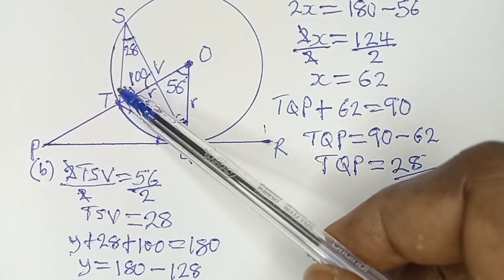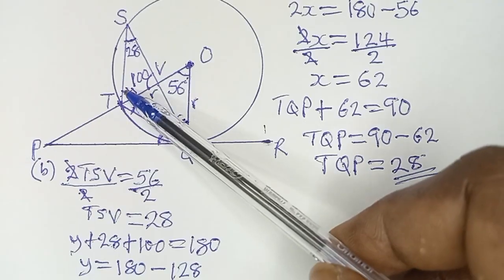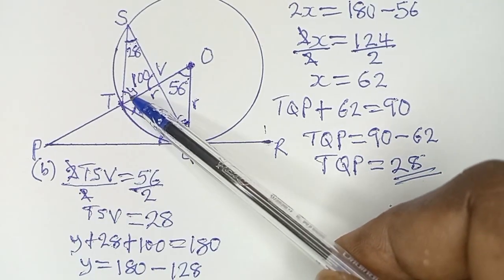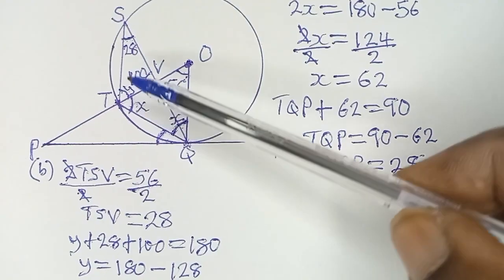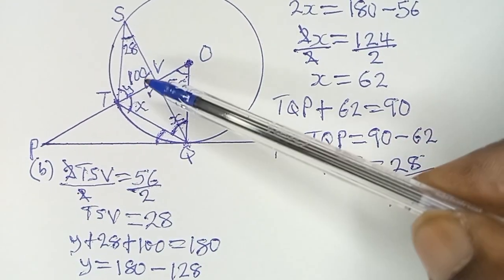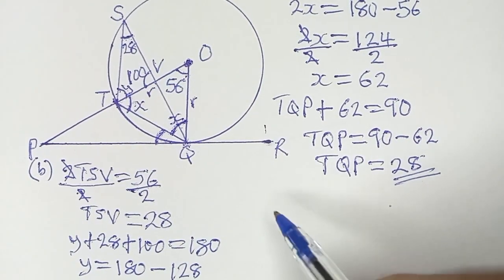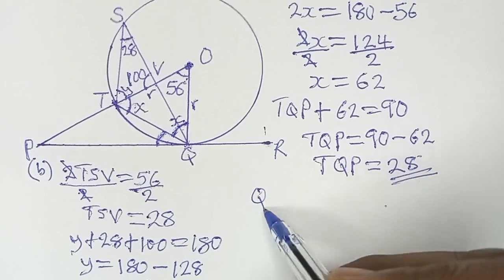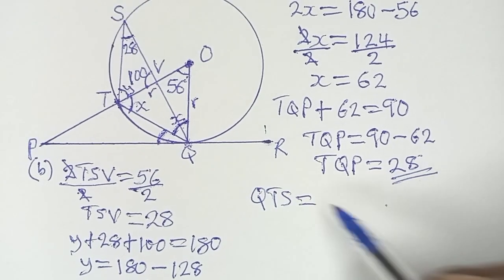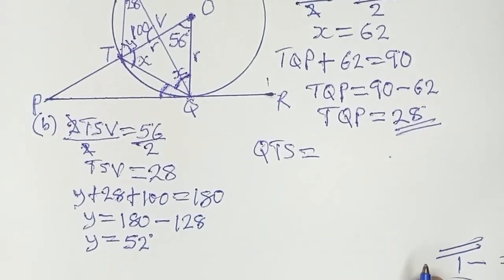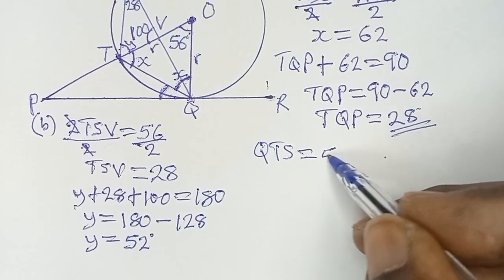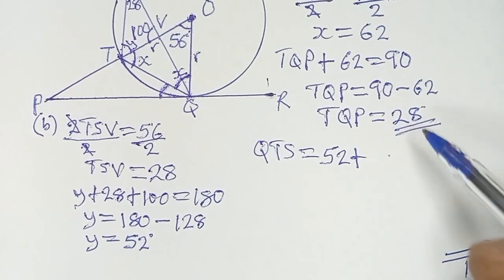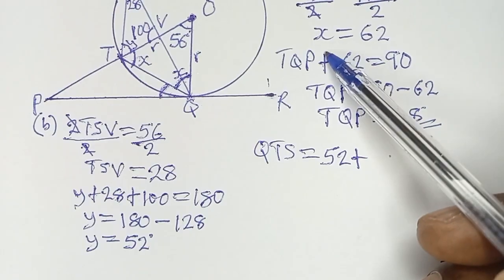So QTS will be the sum of this whole angle here, which is the angle that we have as X here plus the angle that we have as Y here. So QTS is equal to the value of Y that we just obtained, which is 52, plus the value of X that we obtained before.